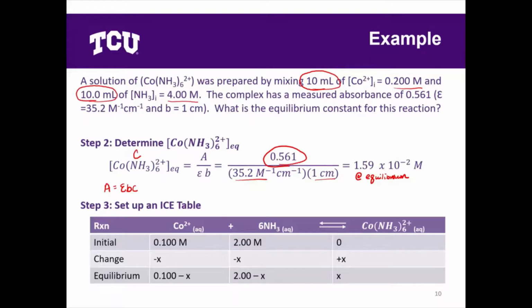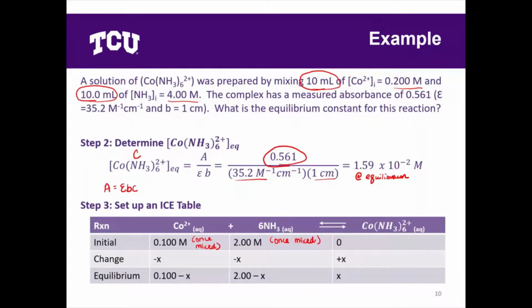I used M1V1 equals M2V2 to figure out my new concentrations of my cobalt and ammonia. So my cobalt, once mixed, had a concentration of 0.1 molar. My ammonia, once mixed, had a concentration of 2 molar.